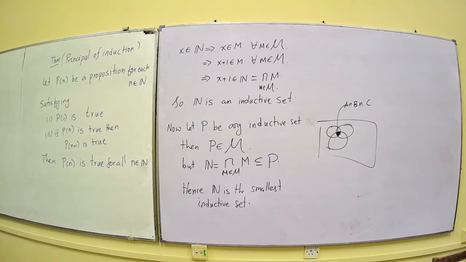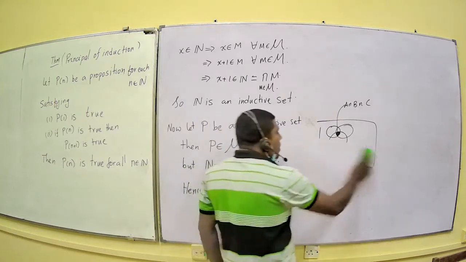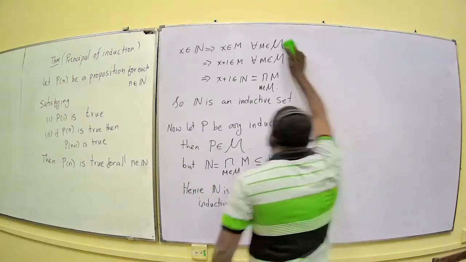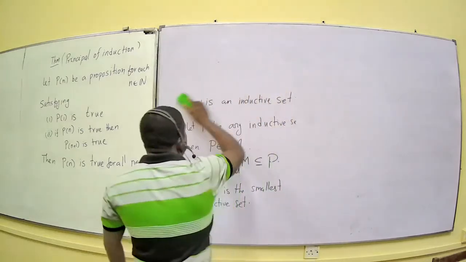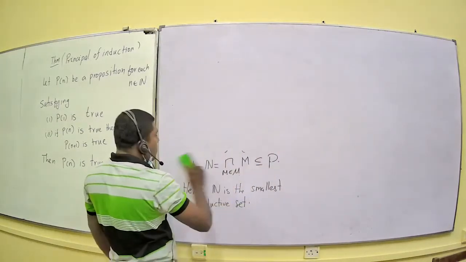This is the mathematical induction: you have a proposition Pn which is true for P1, that is, for n equal to 1. And if it is true for some n, then it will be true for n plus 1 as well. If those two conditions are satisfied, then we can say that Pn is true for all n in the natural numbers. We shall prove this by using the inductive set and the other properties of natural numbers which we just studied.